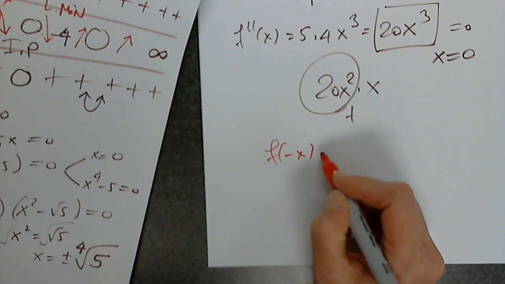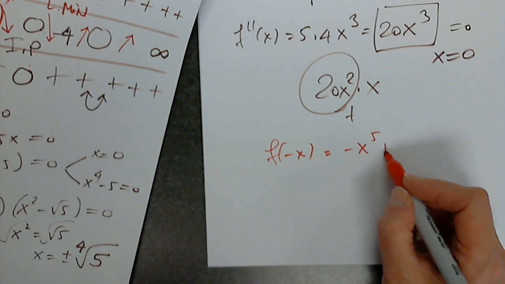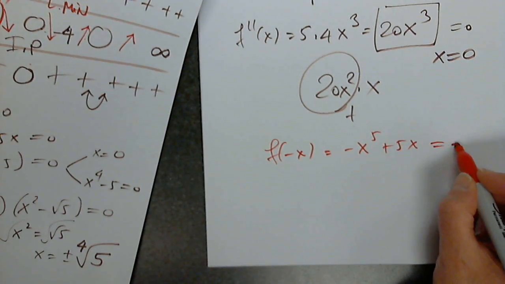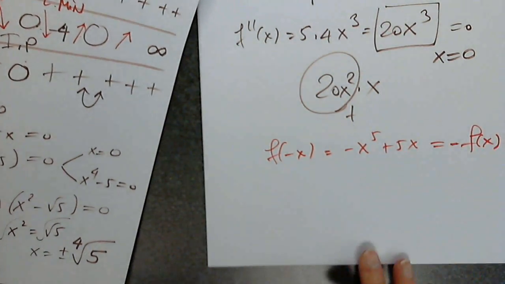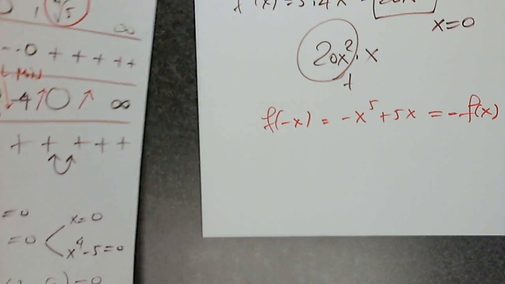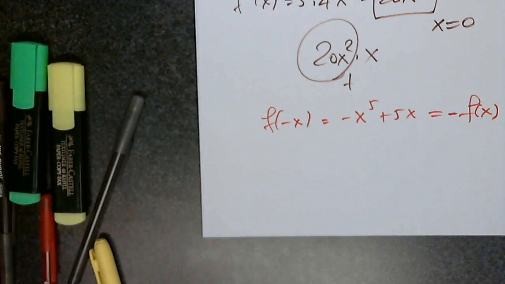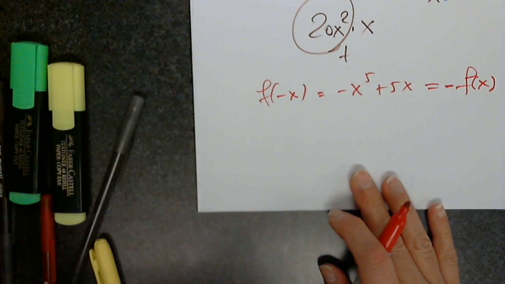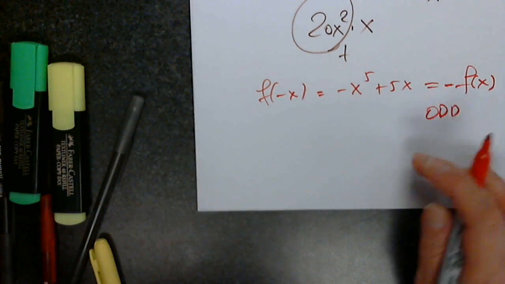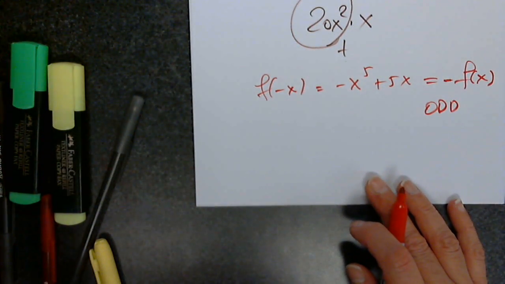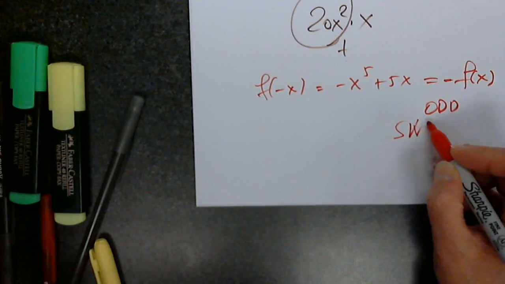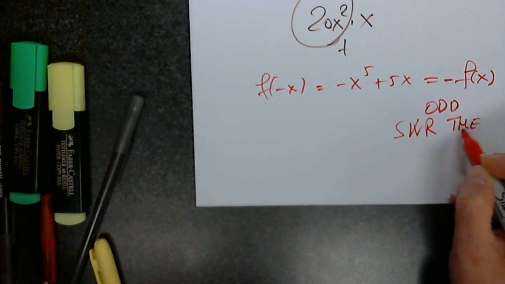F of negative x is negative x to the fifth plus 5x, which is indeed the opposite of f of x. What type of function is this in which f of negative x equals the opposite of f of x? Odd, which means symmetric with respect to the origin.